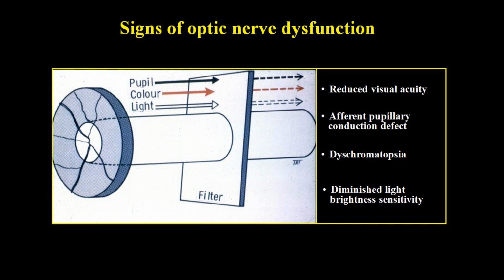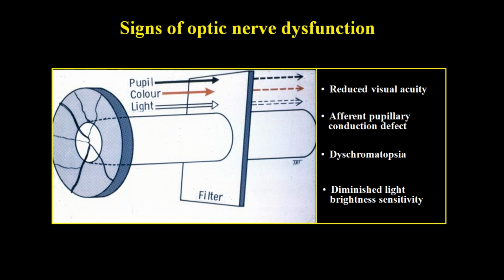Relative, in simple terms, means the input or message transferred from the optic nerve, the afferent fibers, is slightly malfunctioning in one optic nerve compared to the other. Both are functioning, but one is functioning a little less because there is some problem in the optic nerve. Then you call it a relative afferent pupillary defect.